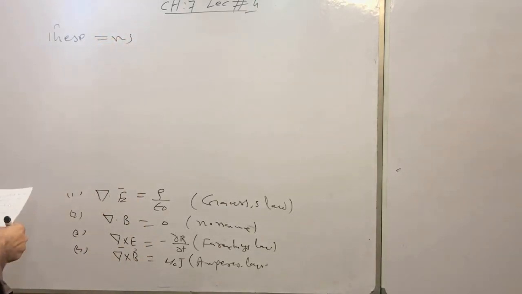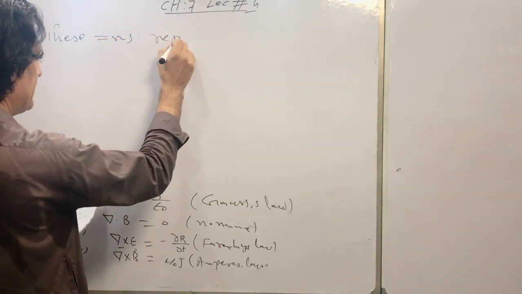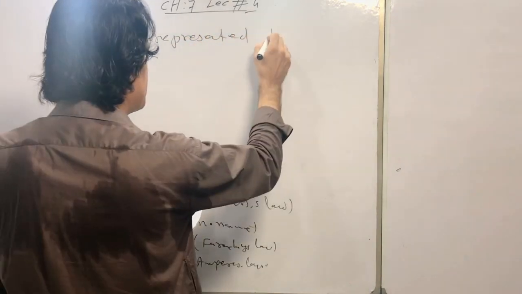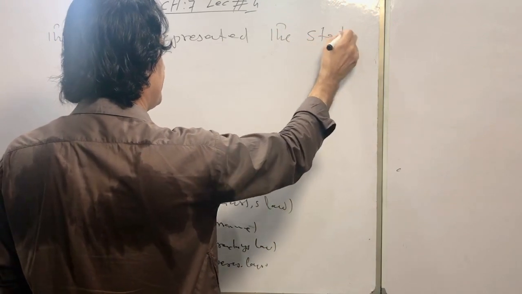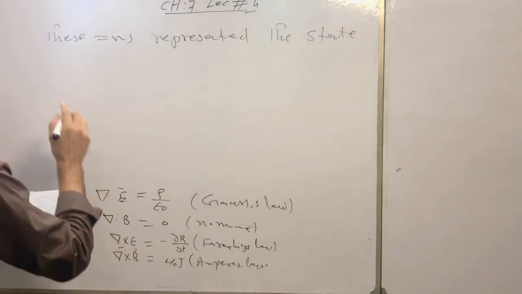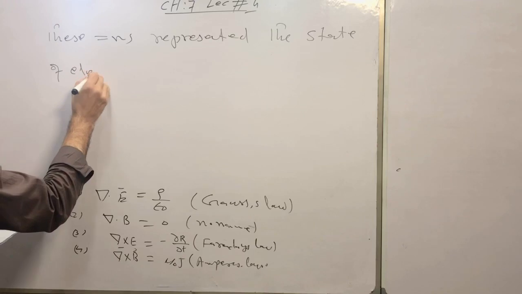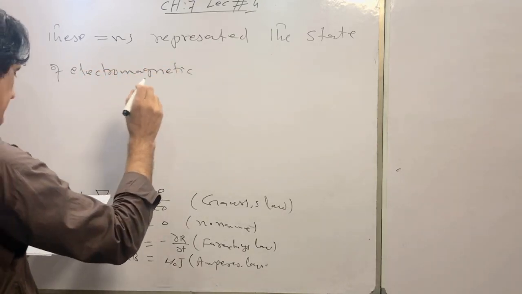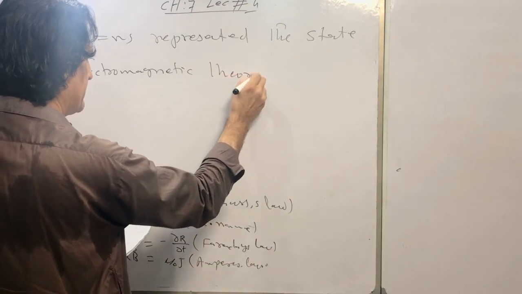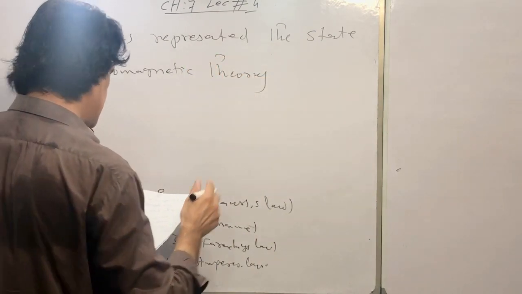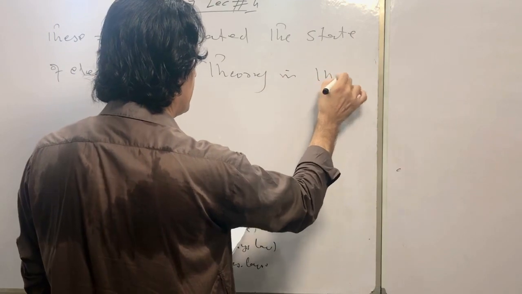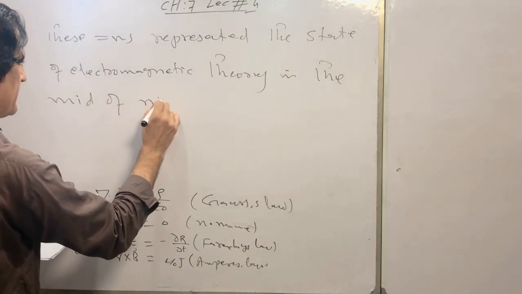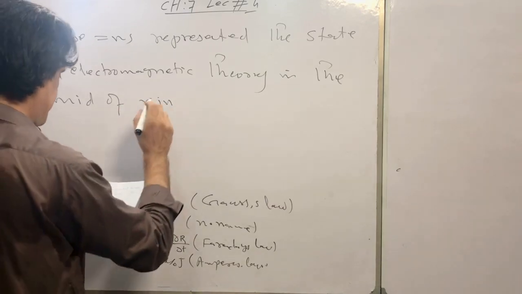These equations represented the state of electromagnetic theory in the mid 19th century.